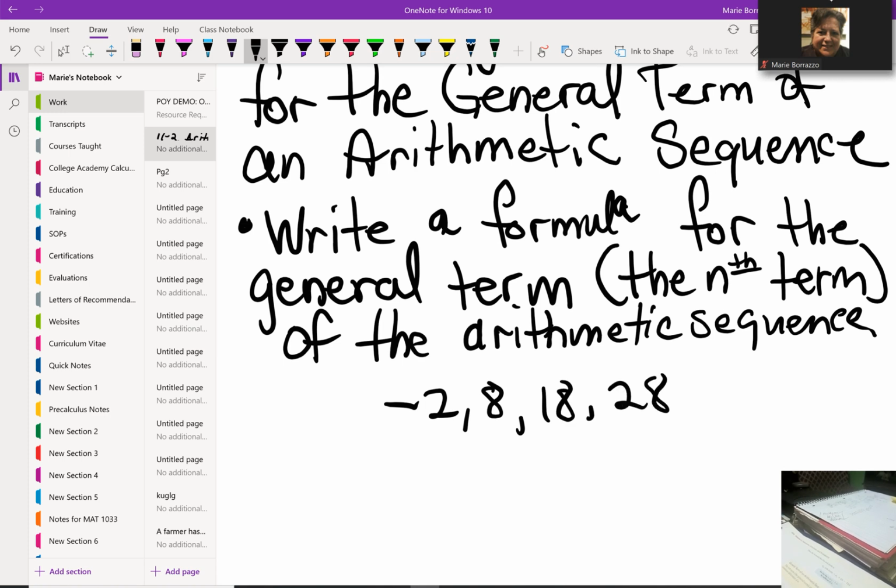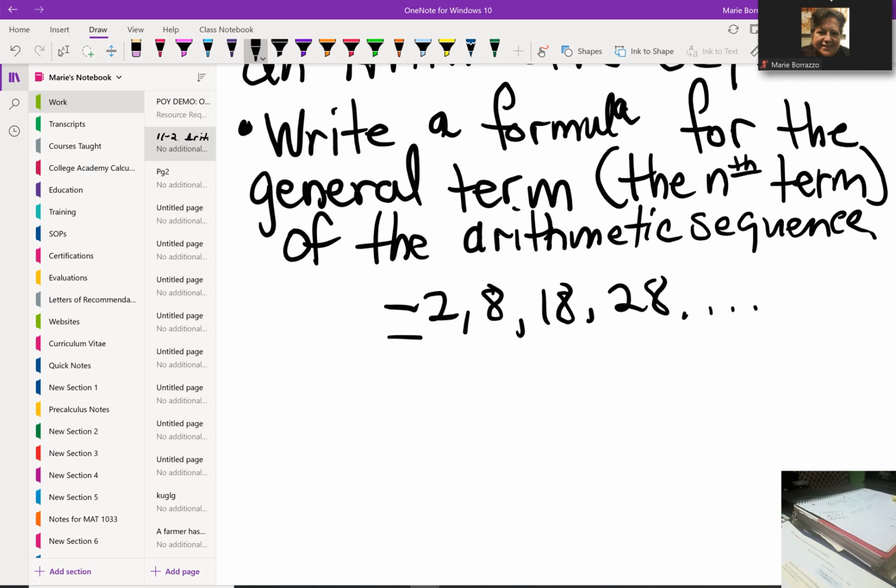So the first thing you should be thinking is, what is the common difference? What do we know? I know that a sub 1, the first term, is negative 2.